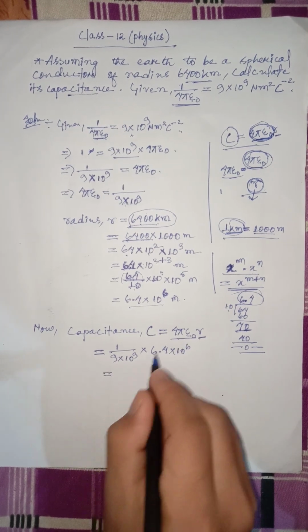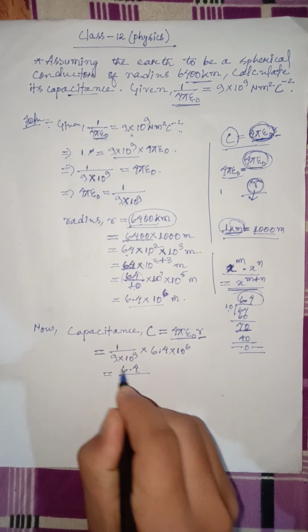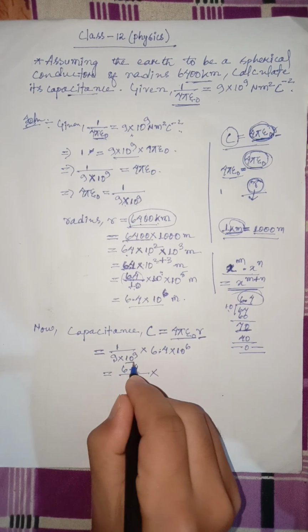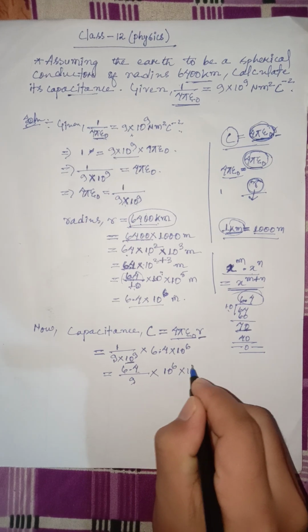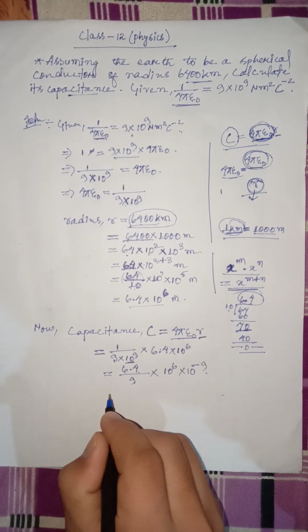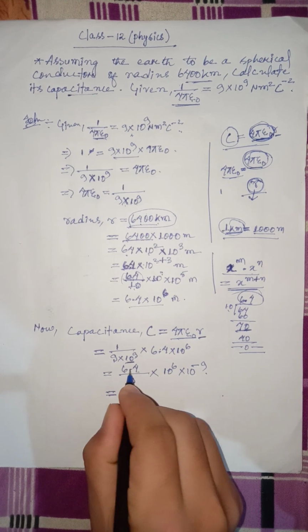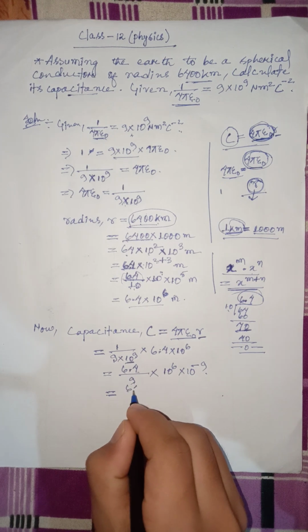And right after this, just multiply the 6.4 with 1, then we get 6.4. Then just keep 9 as it is. Then if you bring this 10 to the power 9 upside, it will become the inverse, right? It will be 10 to the power minus 9. And after that, in order to remove this point, how should you do it?